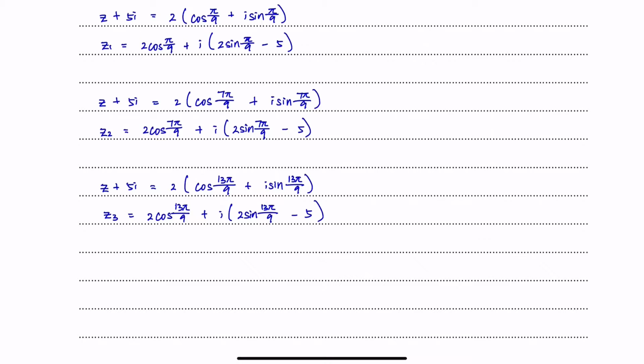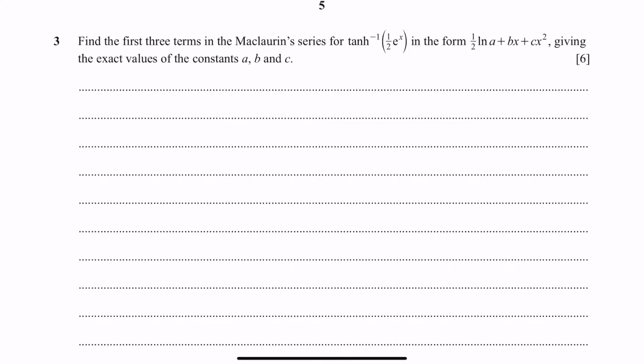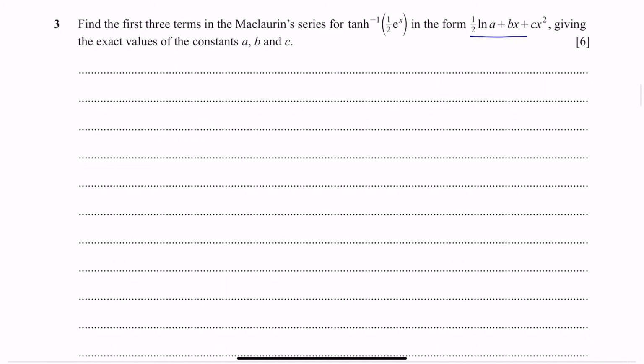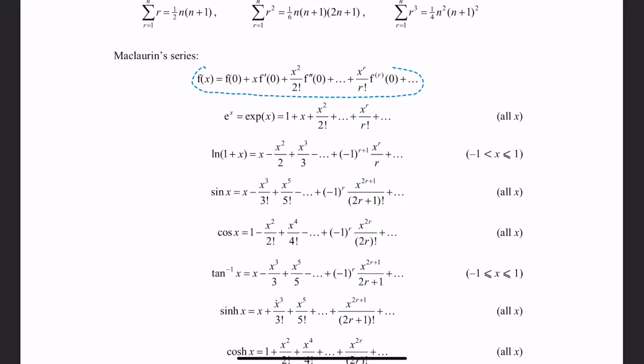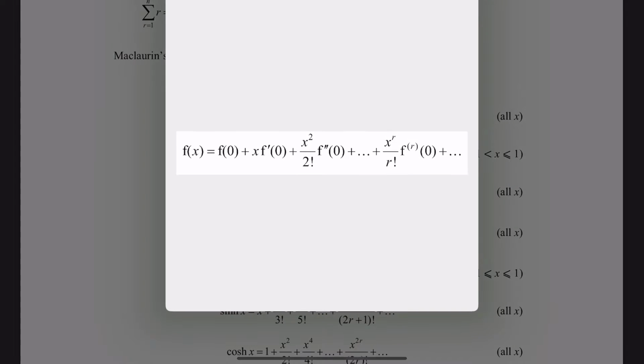And that's it. For the third question, we will need to find the first three terms in the Maclaurin series for arctan of half e to the power of x in the form of this. So in the formula booklet, it's given this equation.